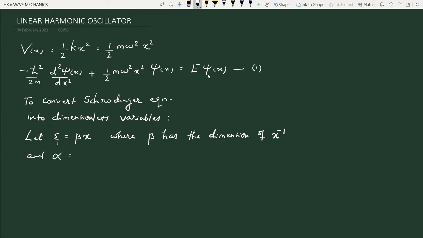And alpha is equal to E by E0. What is E? It's the total energy of the harmonic oscillator. Now I have introduced a new variable E0, where E0 has the dimension of energy.